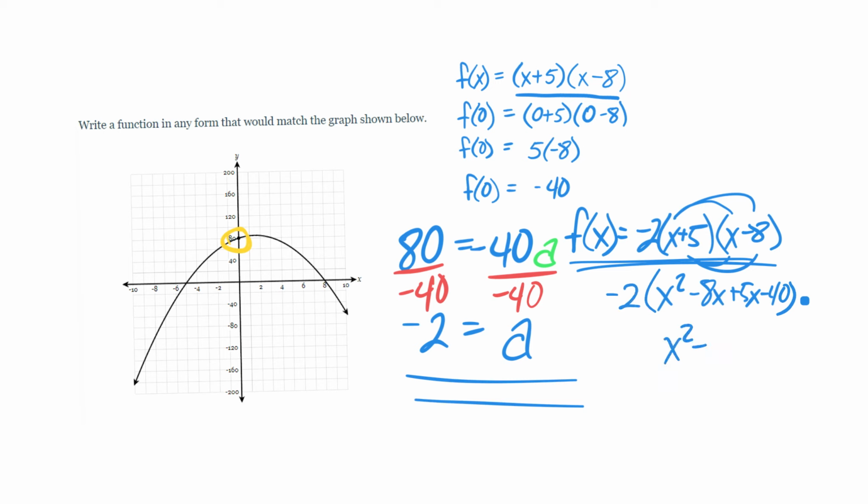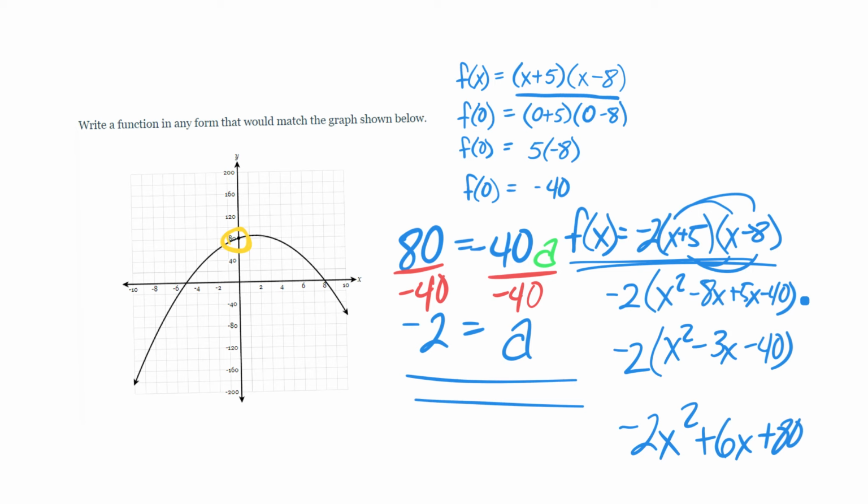So this becomes x squared minus 3x, because the 8x and the 5x are like terms. And after distributing the -2, we get the equation -2x squared plus 6x plus 80.